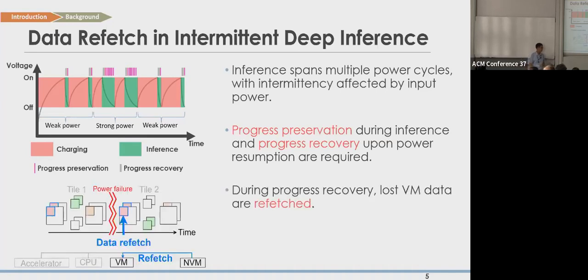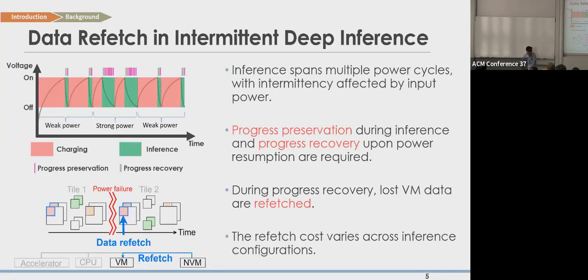During progress recovery, there is an important factor that data fetched into VM is lost during power failures. So in the next power cycle, data is refetched from NVM to VM. And this is a dominant factor during power recovery. Also, the amount of data refetch changes with different configurations like tile size or some other factors.